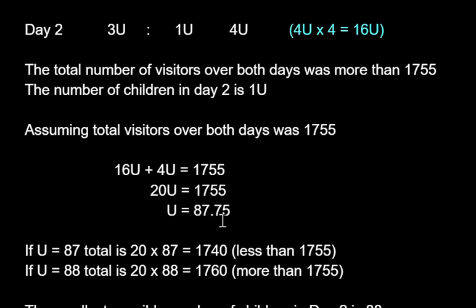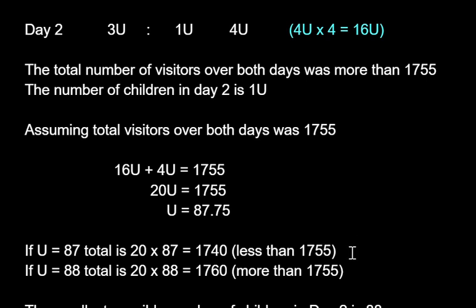1 unit is 87.75. From your answer, you know that you cannot have 87.75 children. It should be either 87 or 88. If 1 unit is equal to 87, that means there are 87 children in day 2. Total will be 1740, which is less than 1755.